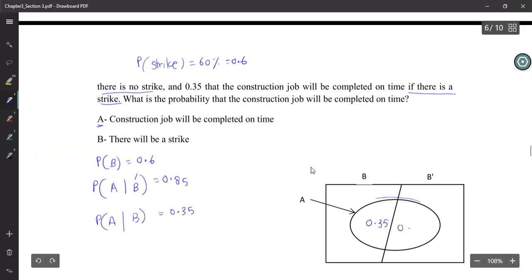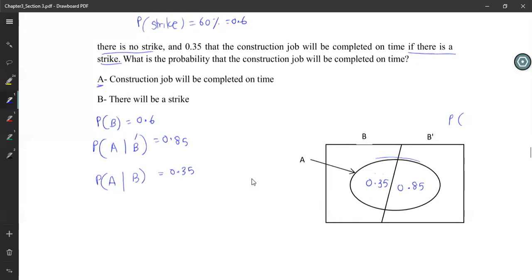What is the probability that it will be completed if there is no strike? 0.85. Can you see that? So our B, the rectangle, is there's a strike. Now what is P(B)? It is 0.6. And you have another event A. So the probability of event A depends on whatever happens to B, whether B or not B. See, you have two probabilities, 0.35 and 0.85.